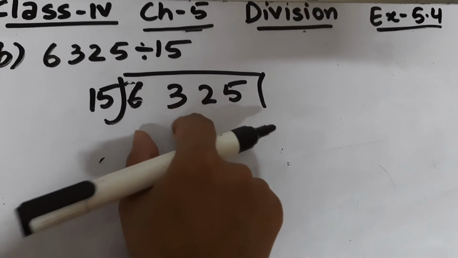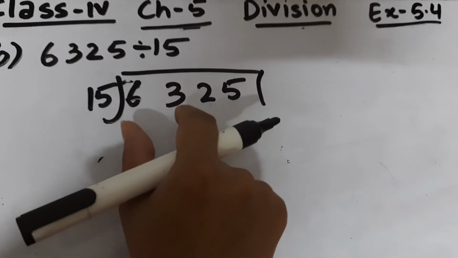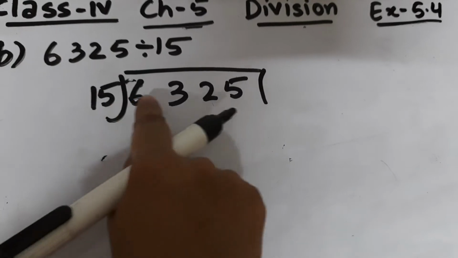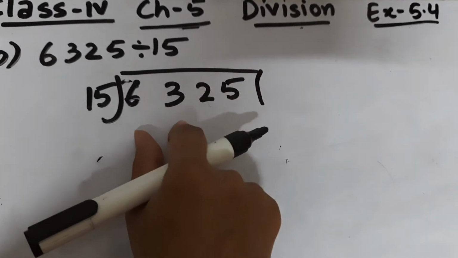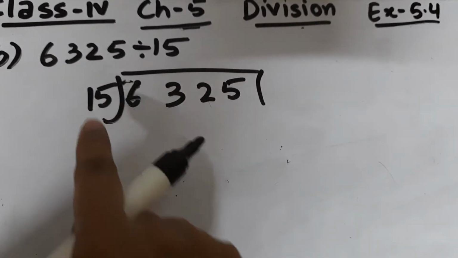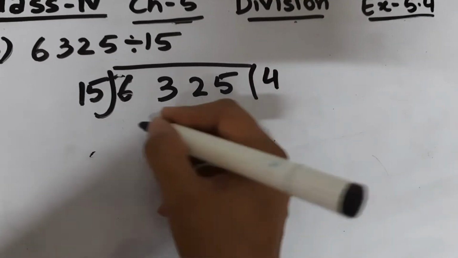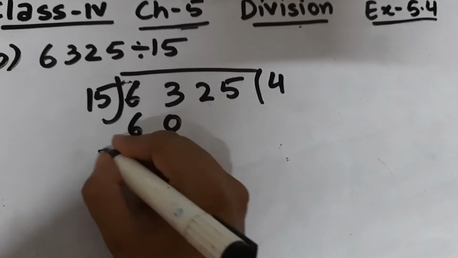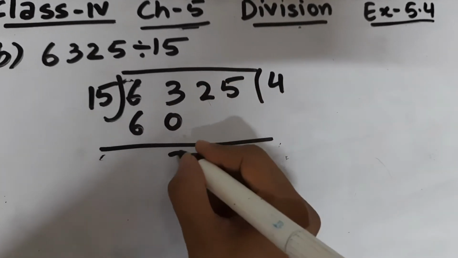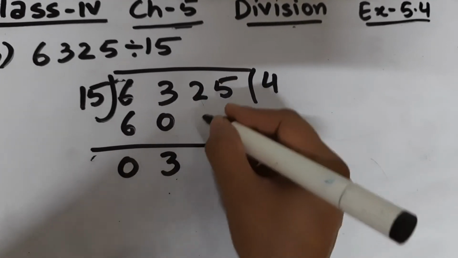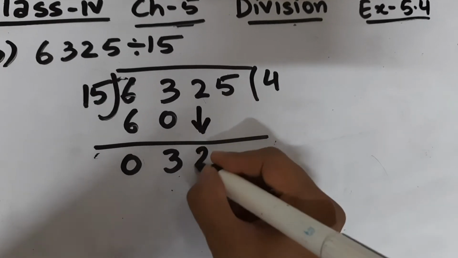Does 63 come at the table of 15? No, 63 doesn't come at the table of 15. So we will take a number that is just smaller than 63 and comes at the table of 15. And that is 60. 15 fours are 60. Now subtract it. 3 minus 0 is 3. 6 minus 6 is 0 and bring this 2 down.